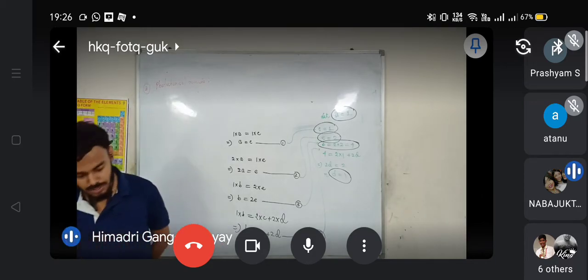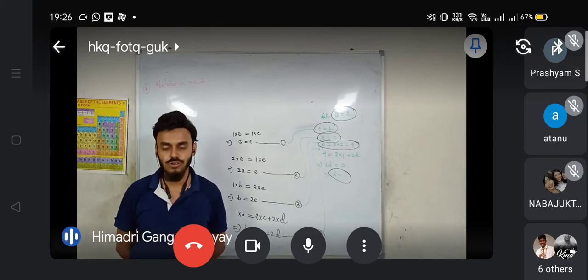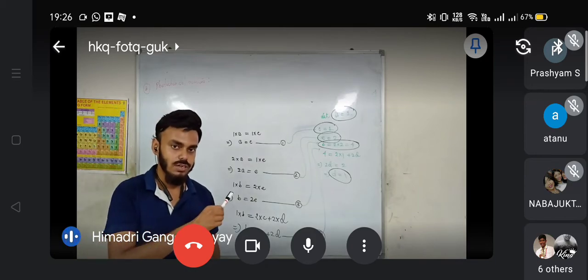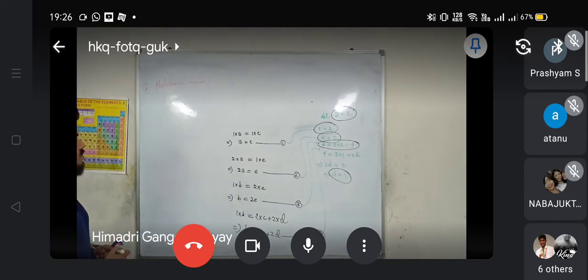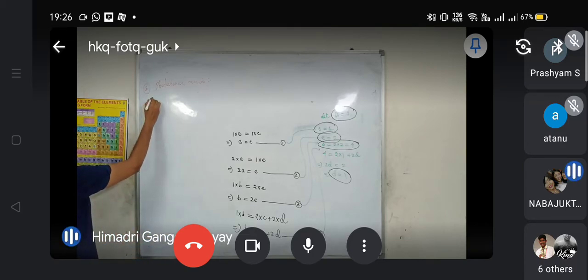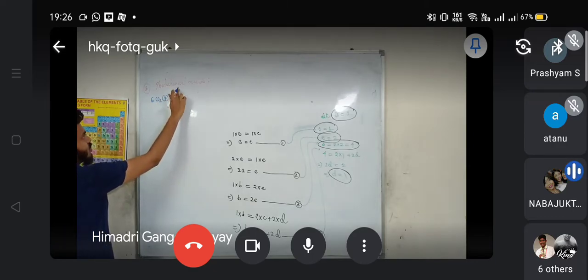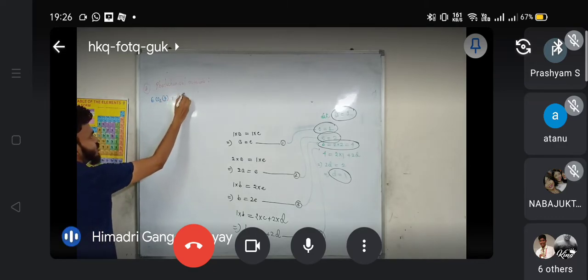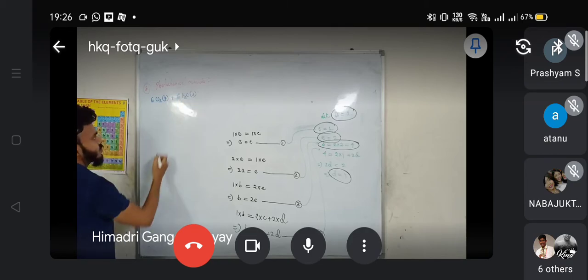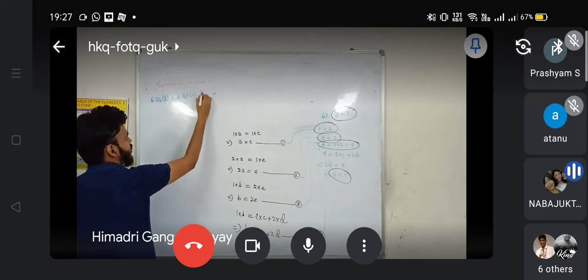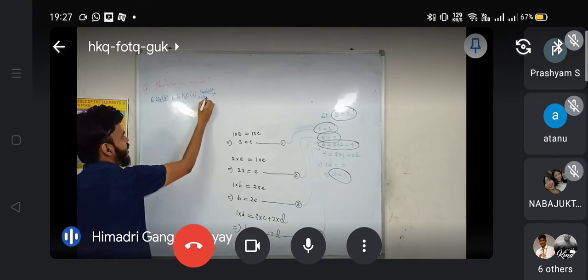Very good. The chemical equation which we use in photosynthesis will be an example. Can you please tell the equation of photosynthesis? I am going to write now. 6 CO2, 6 H2O, it is giving, in presence of sunlight and chlorophyll.